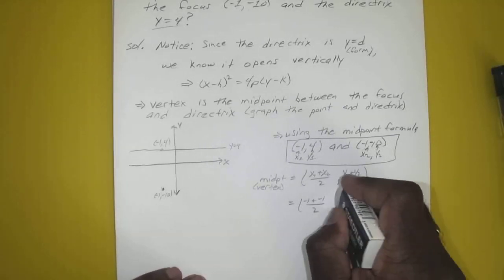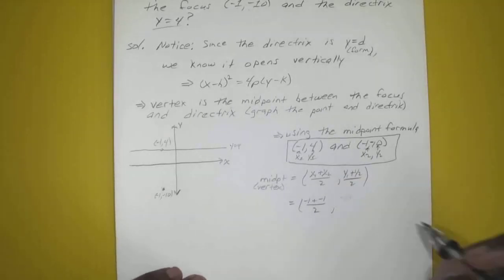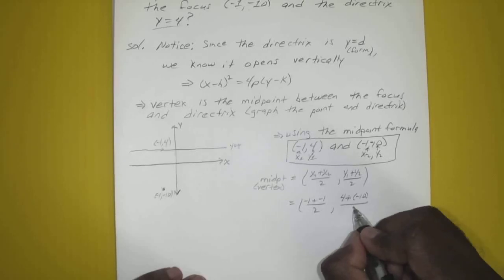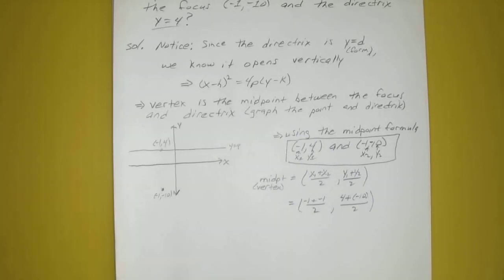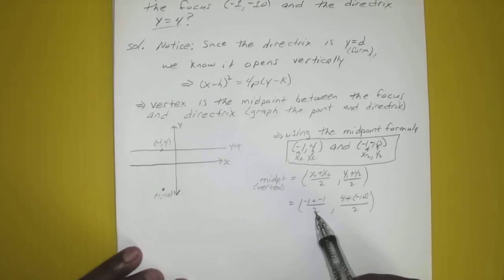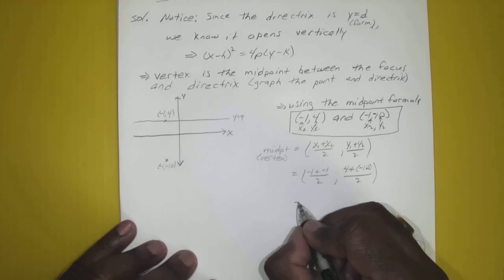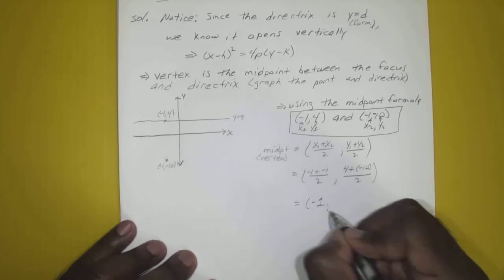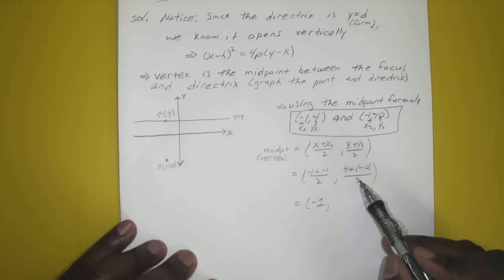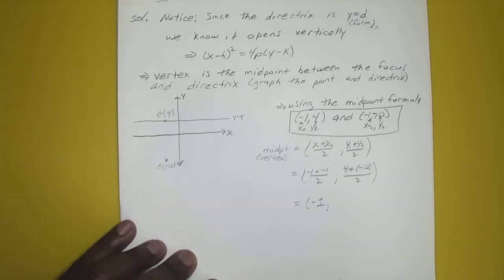Let me put them in the right spots. 4 plus negative 10 over 2. If we have negative 1 plus negative 1, that's negative 2 over 2, which is negative 1. And 4 plus negative 10 is negative 6. Negative 6 divided by 2 is negative 3.